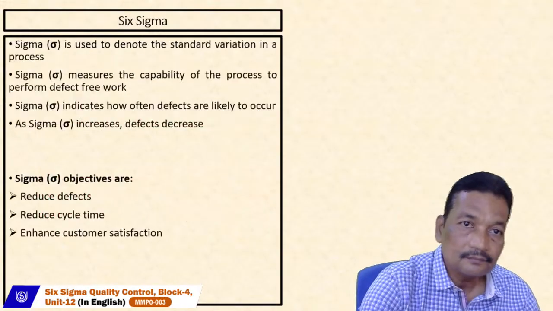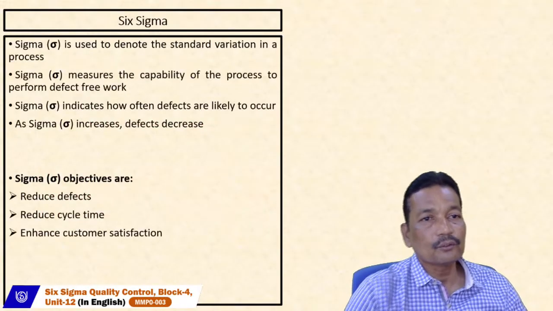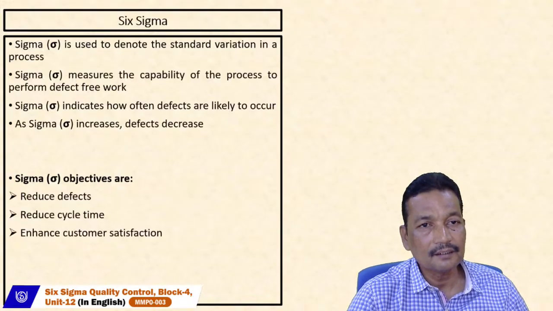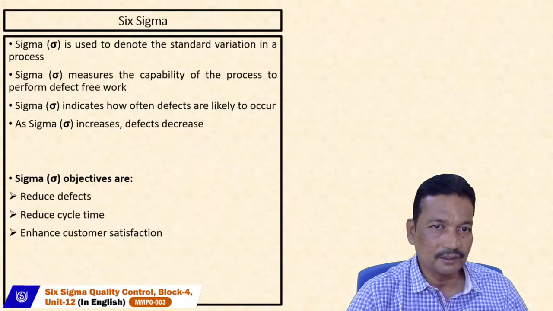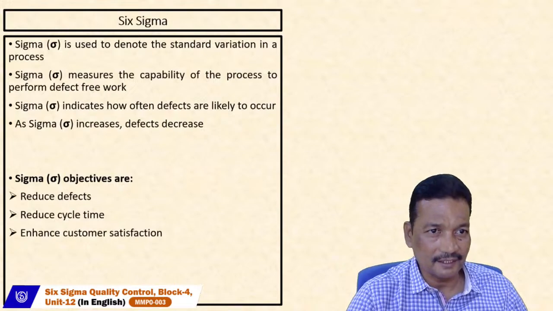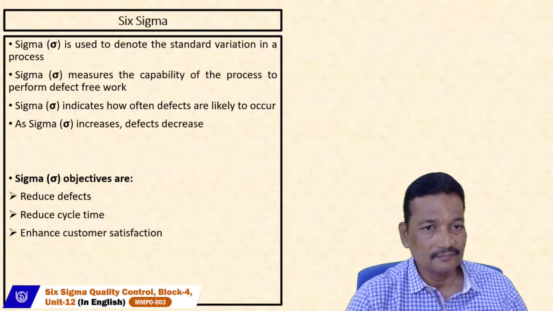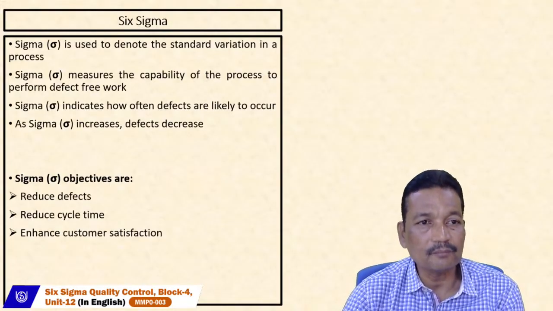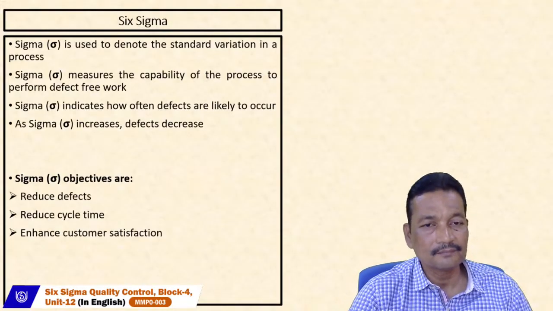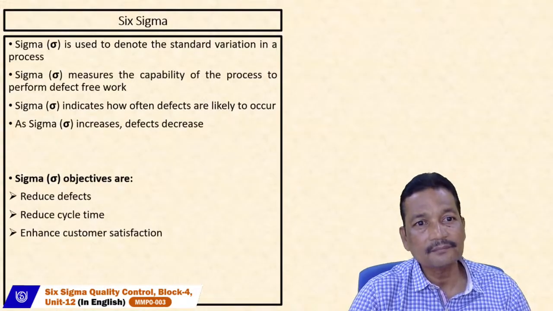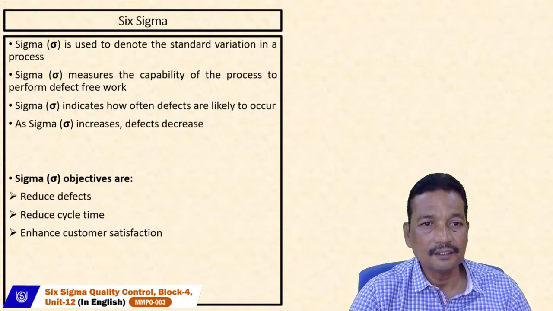Now we go to the Six Sigma. As we said, sigma is a Greek symbol which says how much is the deviation or variation in a process. It measures the capability of the process to perform defect-free work. So the higher the sigma level we are using, the fewer defects are likely to occur.